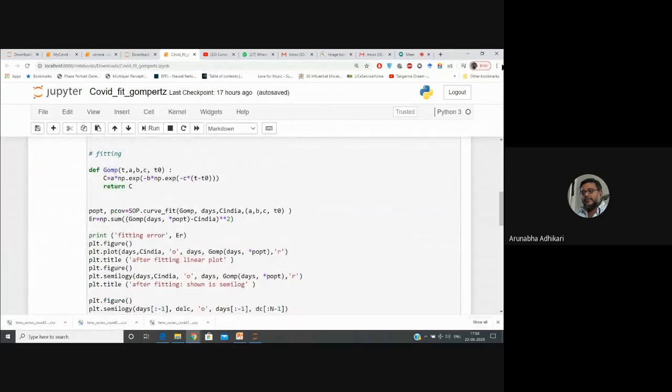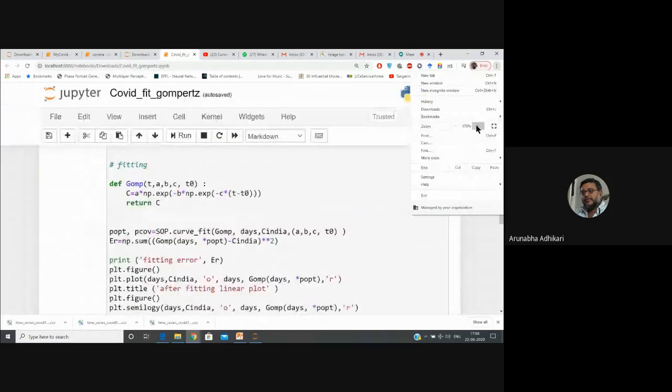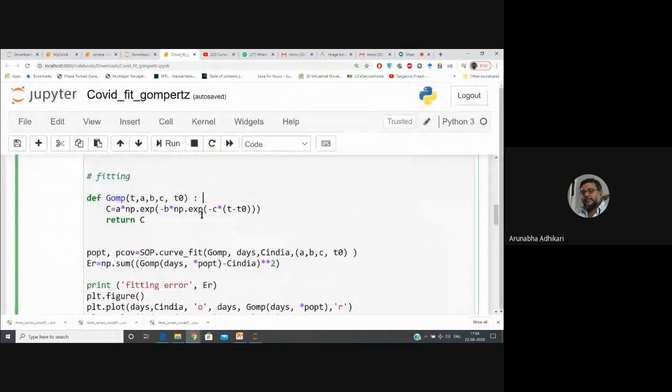This is the Gompertz equation, which is a times e to the power minus b times e to the power minus c times (t minus t0). So I have the constants a, b, c, and t0. These are the parameters I have to estimate by fitting the curve.